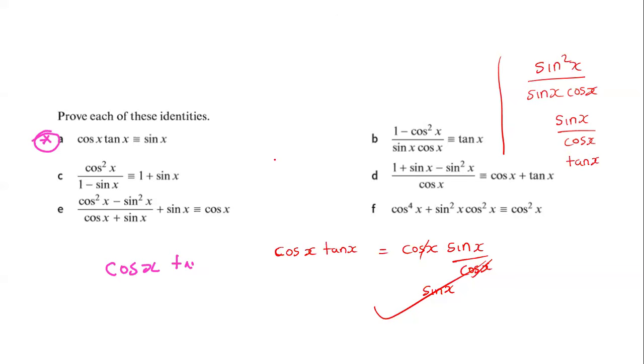Now, for part C, you first get cos x is equal to 1 minus sine x. After that, you rationalize 1 minus sine x on both sides.